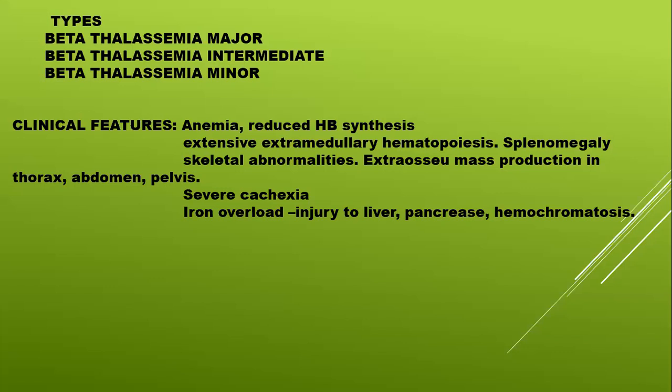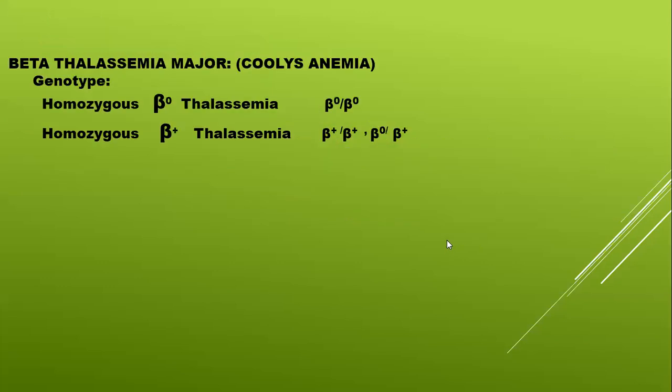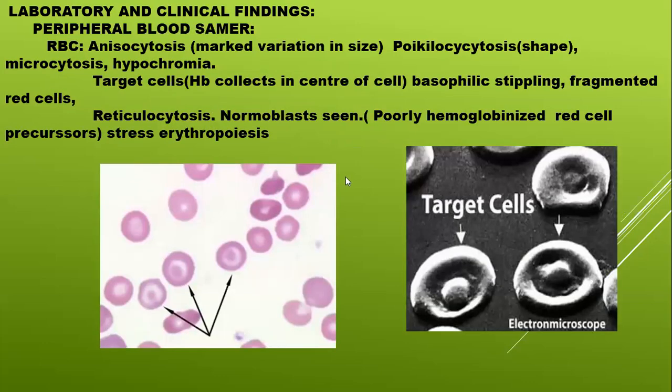Iron overload due to transfusion and iron therapy causes injury to the liver and pancreas, and secondary hemochromatosis. Beta thalassemia major is also called Cooley's anemia, and the types are B0 and B plus. In B0 there is zero formation of hemoglobin.